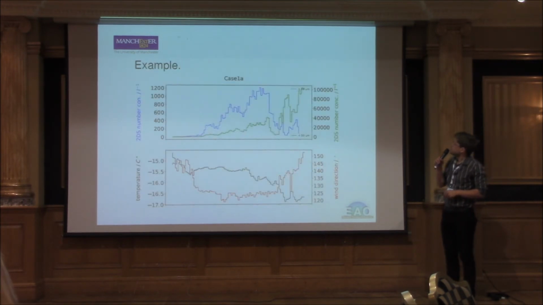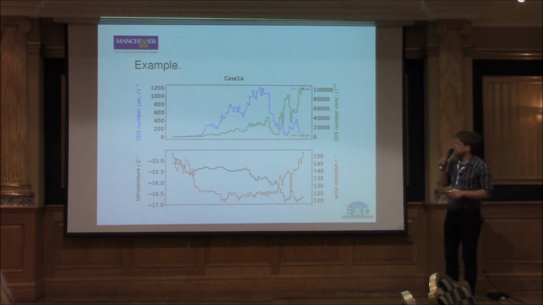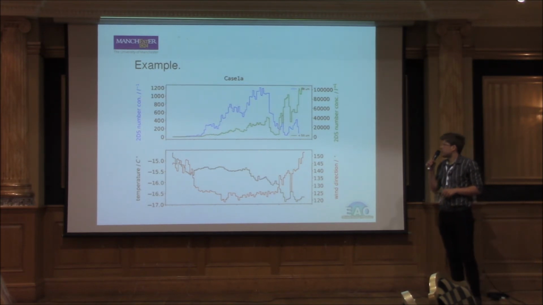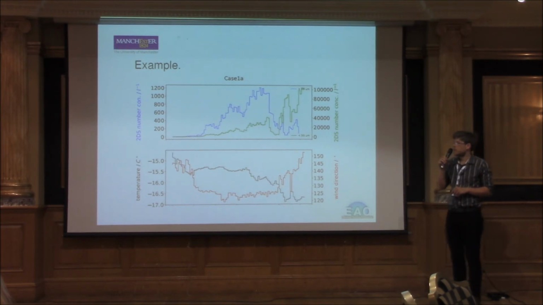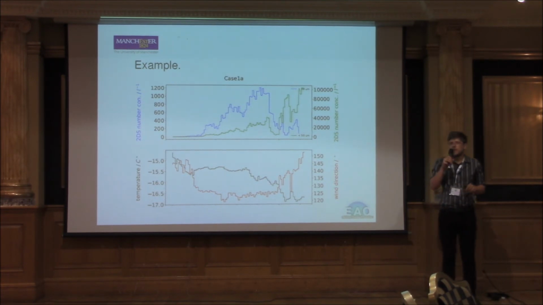So to show you a little example from the 12 cases we had. In blue, we have the ice number concentration of particles larger than 50 micrometers, and in green of particles smaller than 50 micrometers. The reason we chose 50 micrometers is that this is a good threshold to distinguish between water droplets and ice particles.